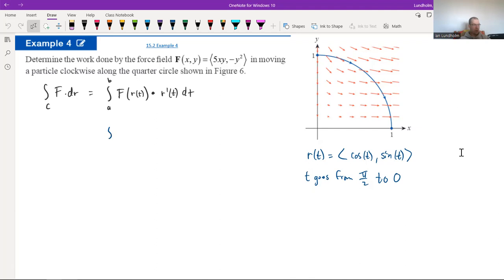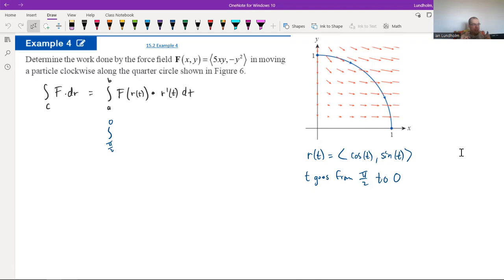That's opposite of what we would normally like to see. If it bothers us too much to write it like this, pi halves to 0, we could reverse the bounds and put a negative sign out in front, and it would be the same thing. Okay, so we've got that part.